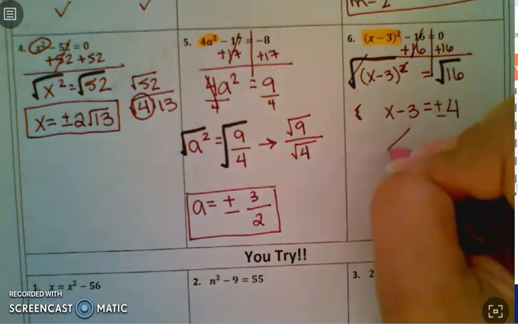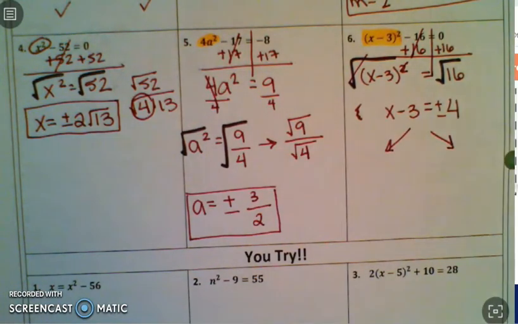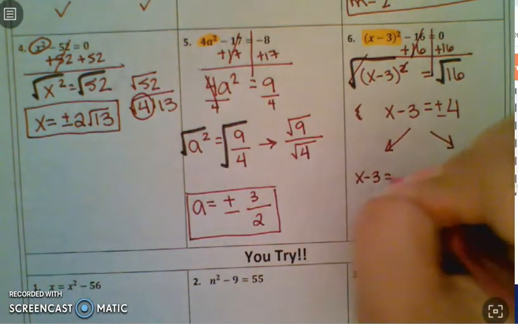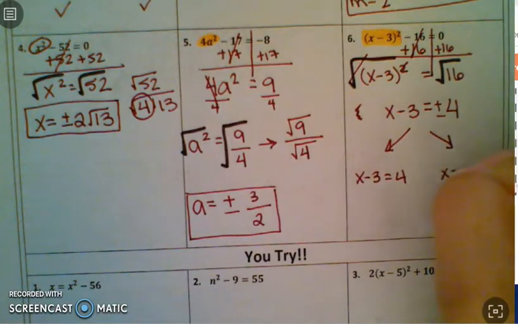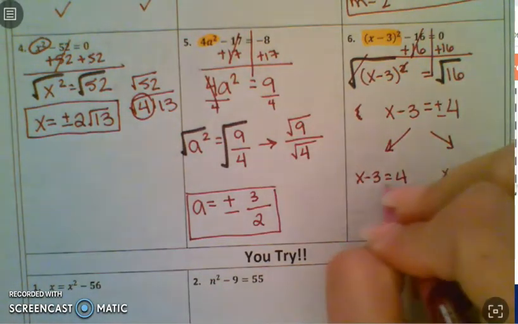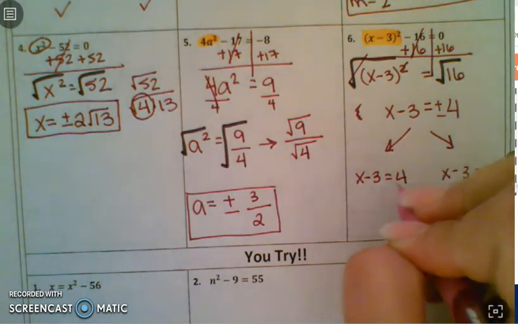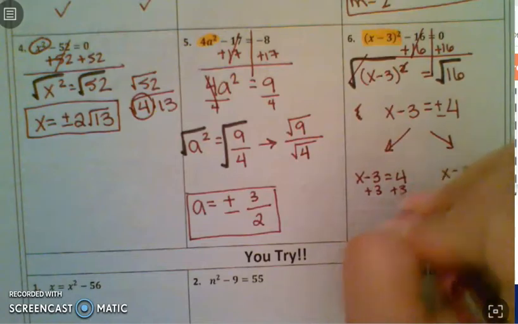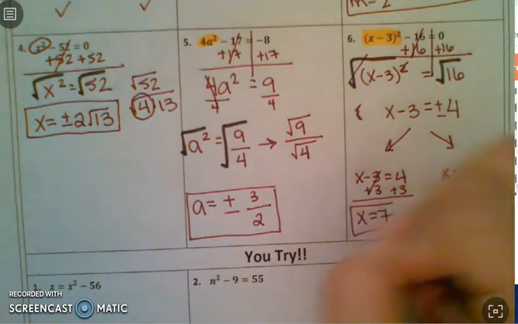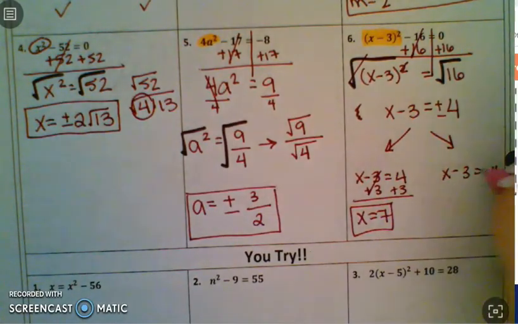At this point, you're going to need to split your problem into 2 separate smaller problems. So you're going to have x minus 3 equal to the positive 4 and x minus 3 equal to the negative 4. So now they're just one-step equations. x minus 3, so I need to add 3 to both sides, which gives me x equals 4 plus 3 is 7. x minus 3 again, add 3, add 3.